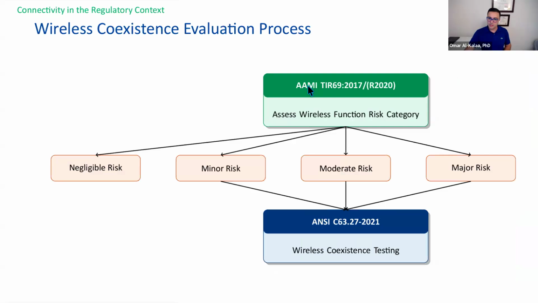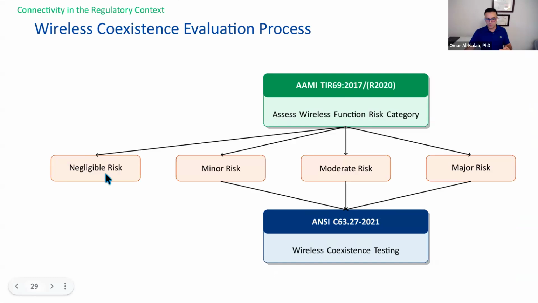So like I mentioned, the risk management document walks you through a process that helps the manufacturer determine the appropriate risk category for their wireless function. If the result of that process is that your wireless function has negligible risk, that's the end of story.